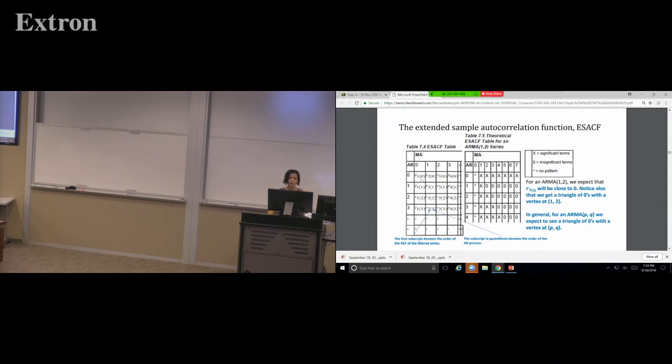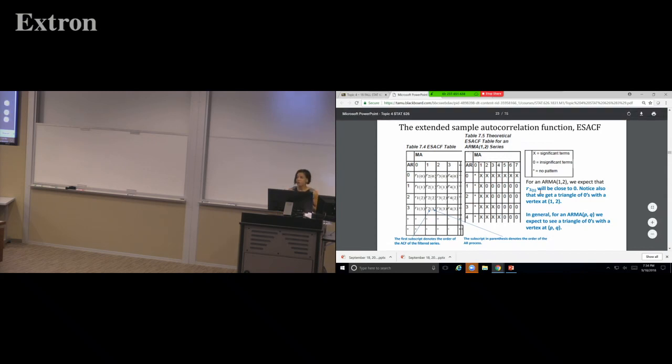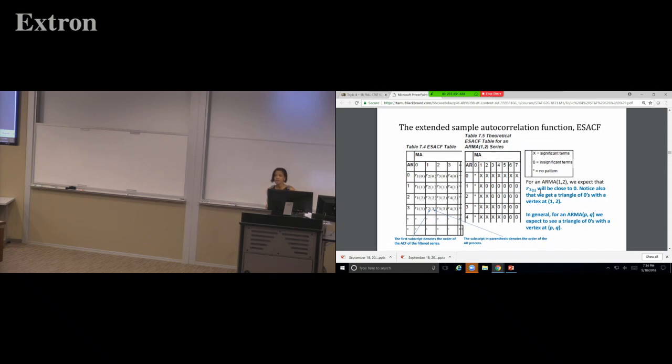So when you ask SAS to give you these extended autocorrelation functions, they're going to give you two tables. The first table is going to be of the statistic. The second table is going to be of the probabilities of those statistics. And so what you're looking for specifically is in that second table, those probabilities. So what we're looking for is when our extended sample autocorrelation function is close to 0.